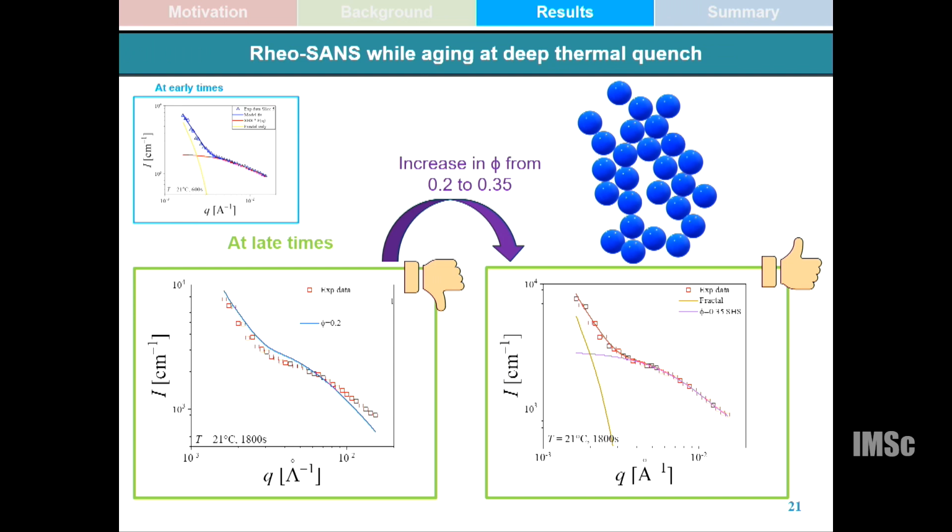So this suggests that maybe at the microstructural level, the system is phase separating into colloidal rich and colloidal lean regions, due to which the volume fraction locally is increased, and therefore a higher volume fraction of 0.35 is now able to predict the experimental data well. So the scattering data also suggests that locally there is an increase in the volume fraction, and it's the interconnection between the colloid rich phases which leads to the viscoelasticity in the material.